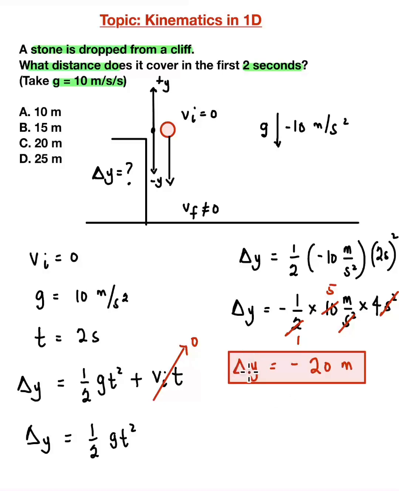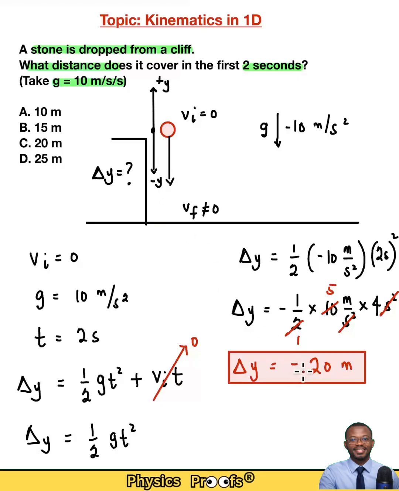However, this vertical displacement is a vector quantity consistent with our coordinate system, that any vector that points downwards is going to be negative. So we have negative 20 meters. So the absolute value is going to be the distance, d, and that is going to be 20 meters. And that is our final answer. So in this case, it is going to be option C, 20 meters.